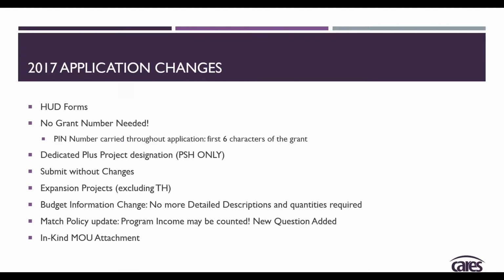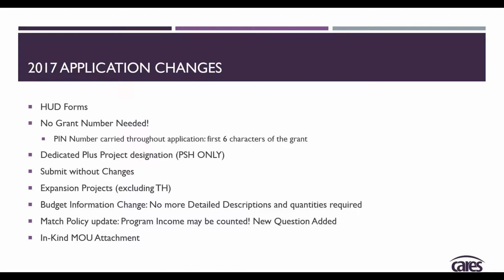Second change, you don't need a grant number anymore, the full grant number, which used to cause a lot of stress for folks because the end of your grant number changes every year. Now HUD is calling it a PIN number, and that is just the first 6 digits of your grant, which will never change. That's always the same.